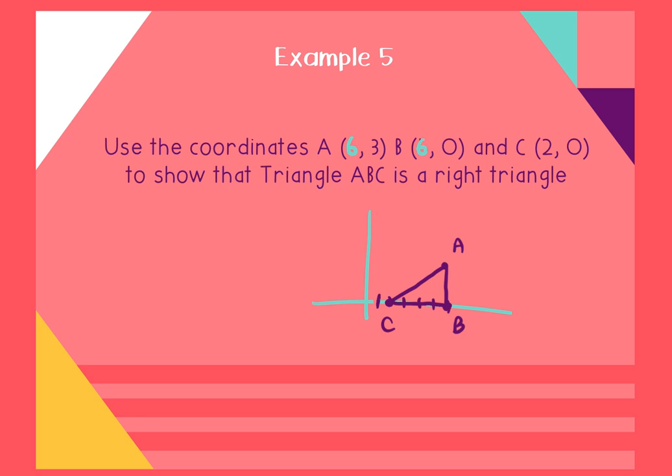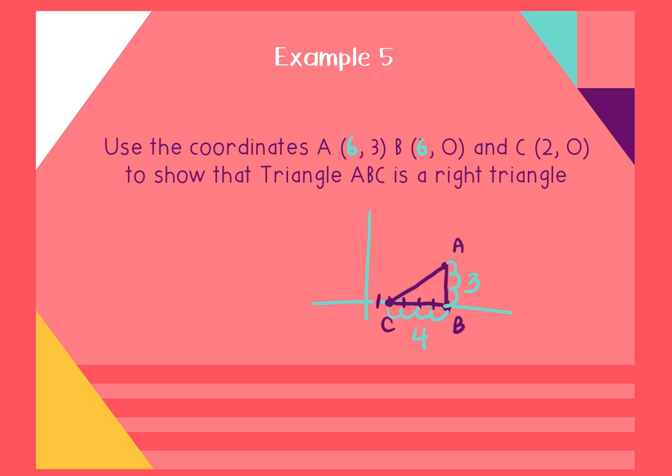And by doing this, we can realize that there are 2 sides that are either horizontal or vertical. Those sides, you can simply count the distance. You don't have to do the distance formula for those sides. So for side BA, we went from 0 to 3. That side is 3. For side CB, you went from 2 to 6. That side length is 4.